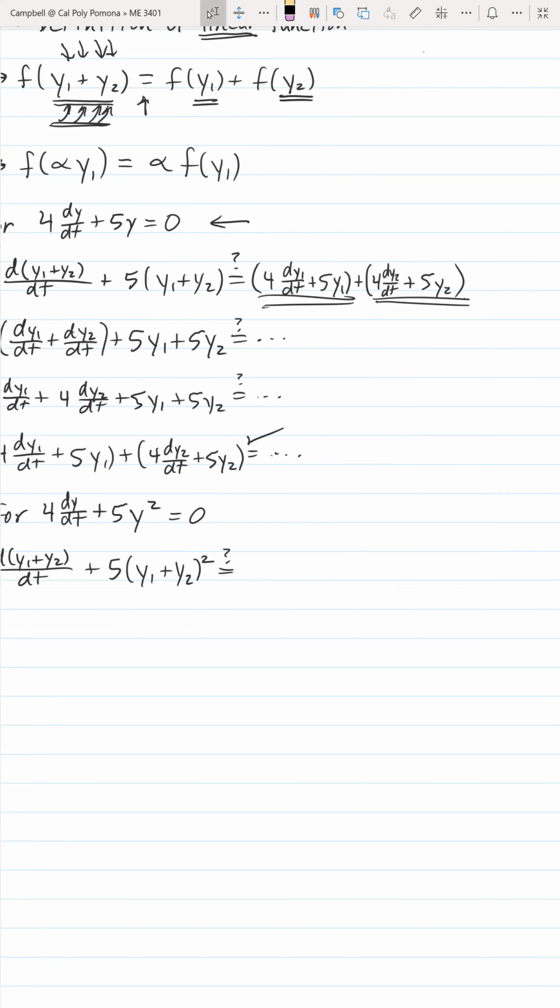Except now understand that the y's themselves, not the derivatives, the y's themselves are squared. So we need 4 dy1/dt plus 5y1 squared plus 4 dy2/dt plus 5y2 squared.